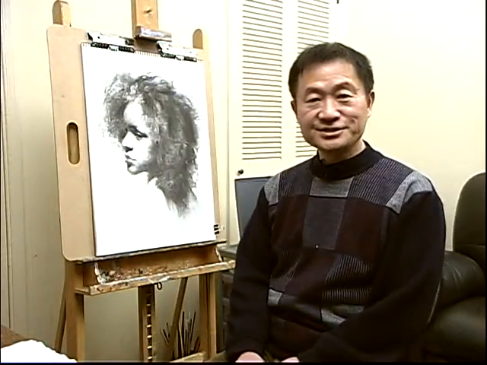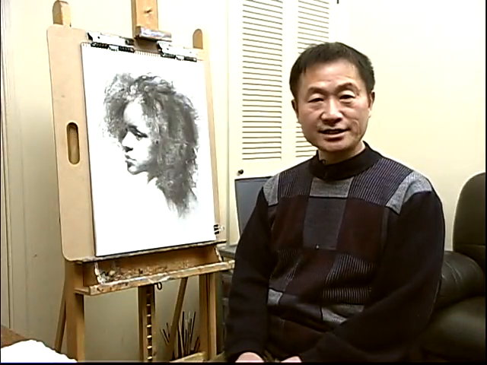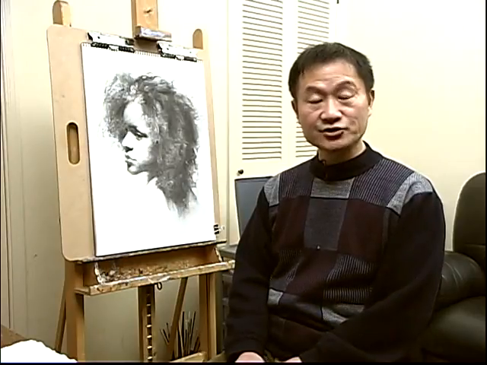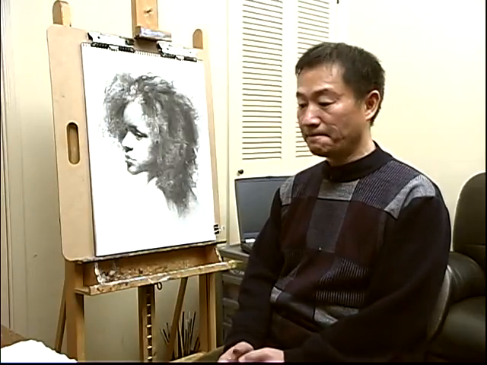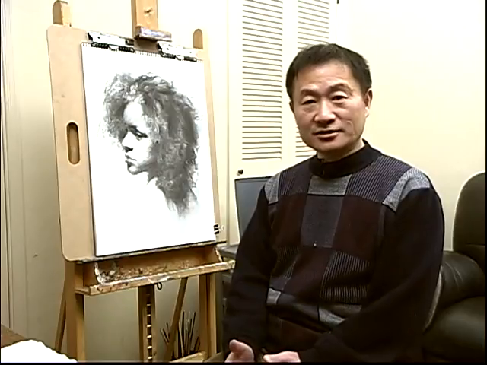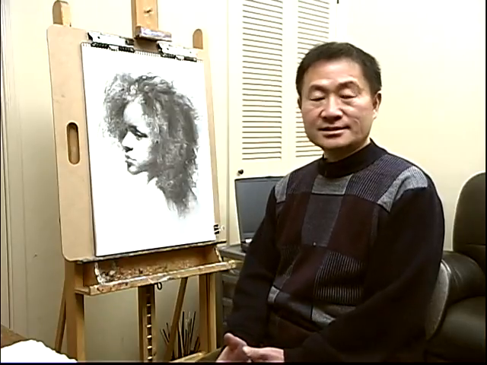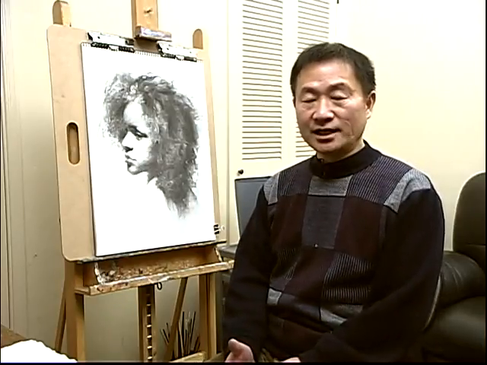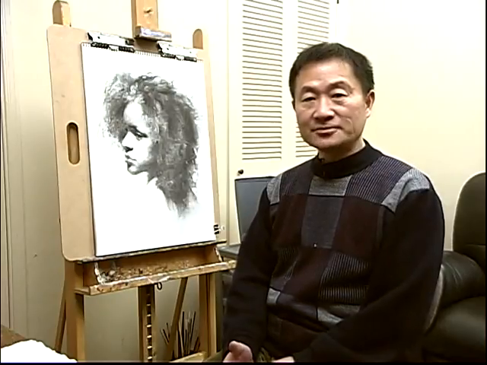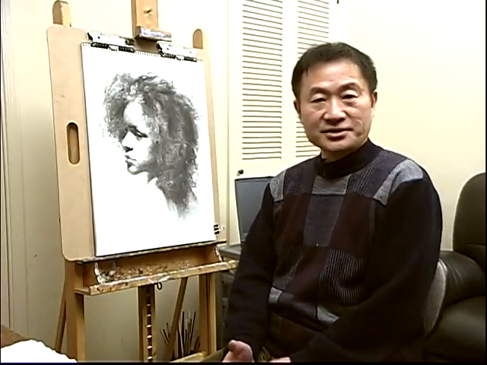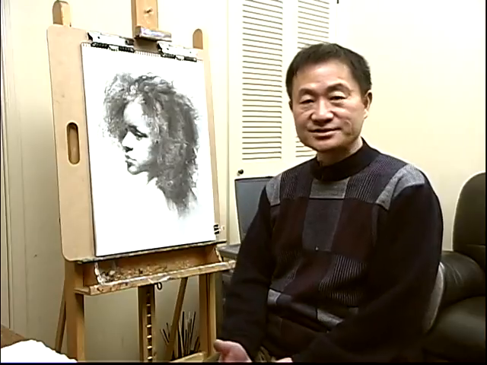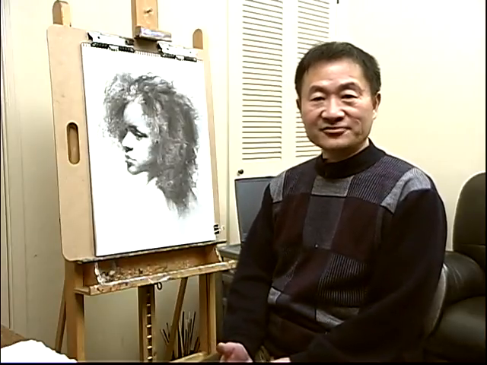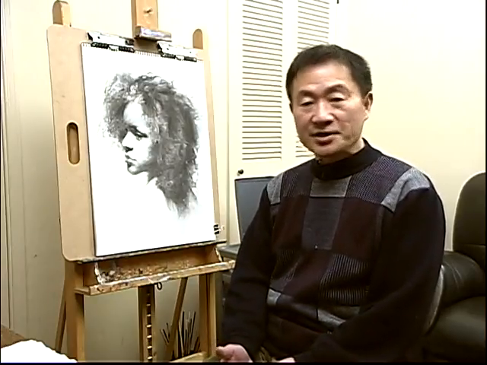Well, since I'm using charcoal as the drawing medium, particularly vine charcoal, it gives me a lot of possibility to lay out the value and put my emotion, express my feeling on the drawing easily and quickly.